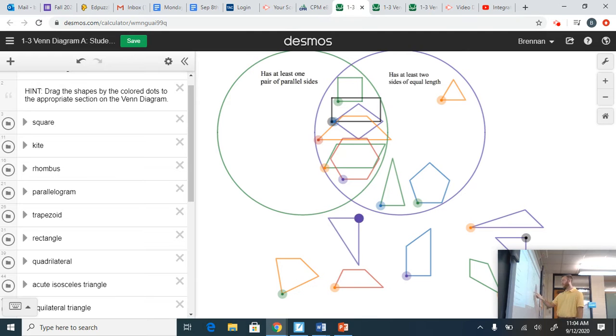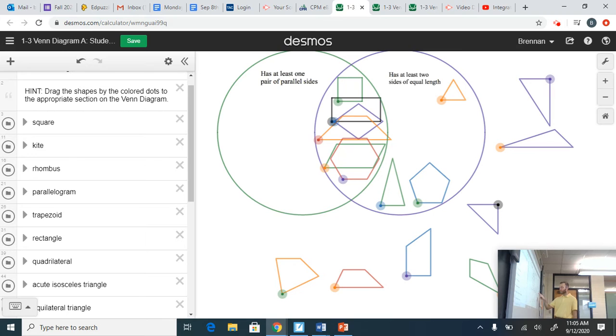This triangle looks scalene, so it doesn't look like it has any parallel sides or two sides that are equal length, so we leave this outside the diagram. Same with this triangle. This is another scalene triangle. This one just looks obtuse. Same thing, no parallel sides, no sides of the same length, so we're going to leave that one outside.